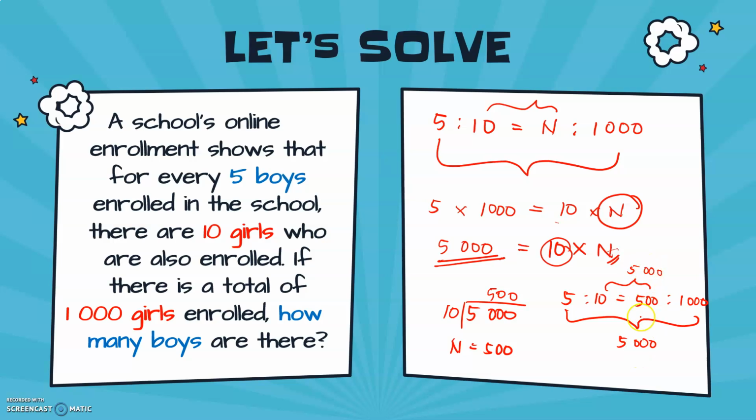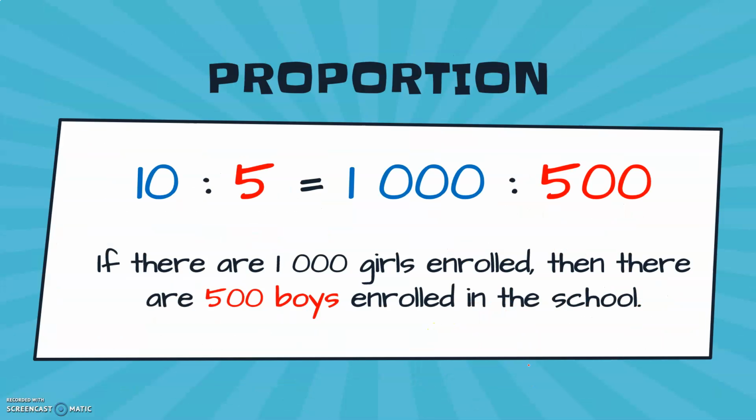Since their products are equal, that means the value of n we got is correct. Therefore, if there are 1000 girls enrolled, then there are 500 boys enrolled in the school. If you will use 10 is to 5 equals 1000 is to n, you will also get the same answer as this one, provided that you will do the operations properly.